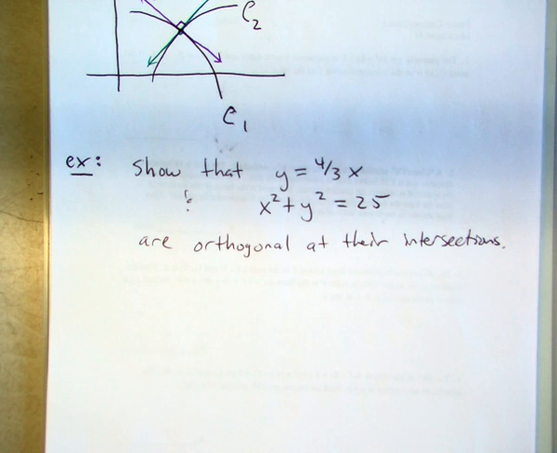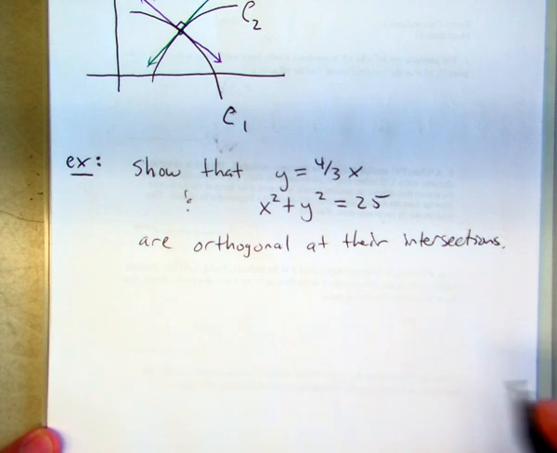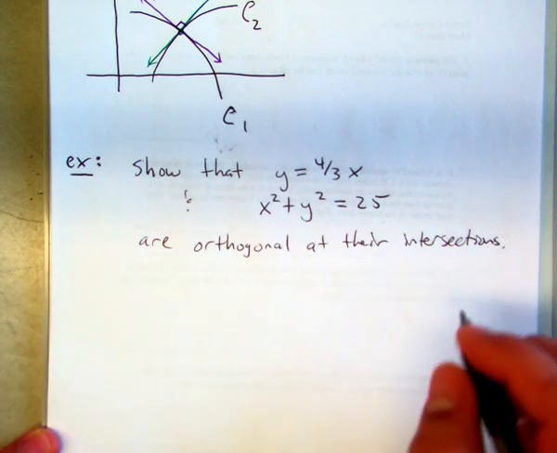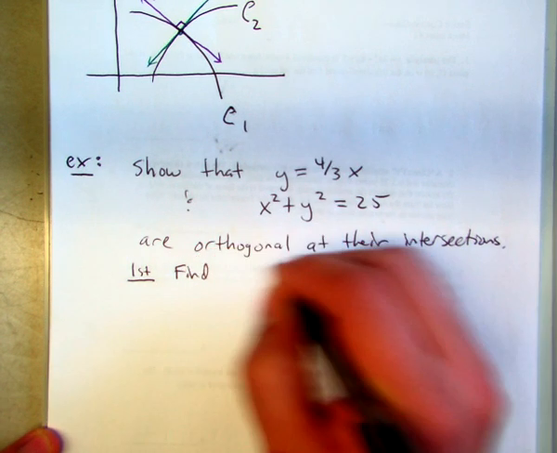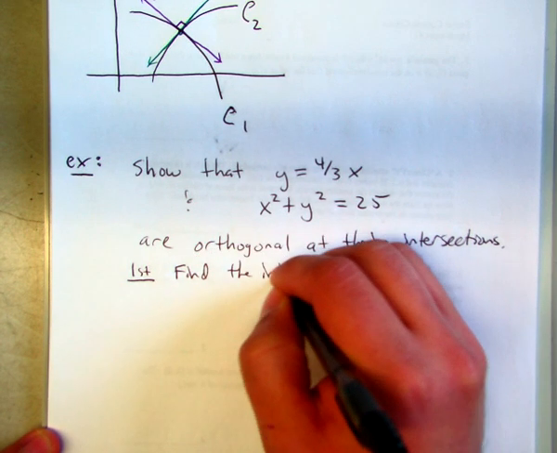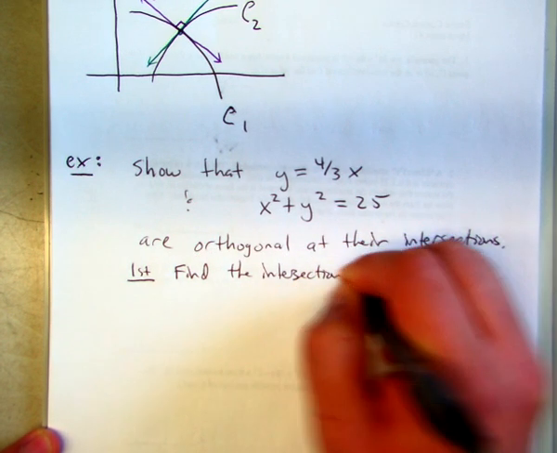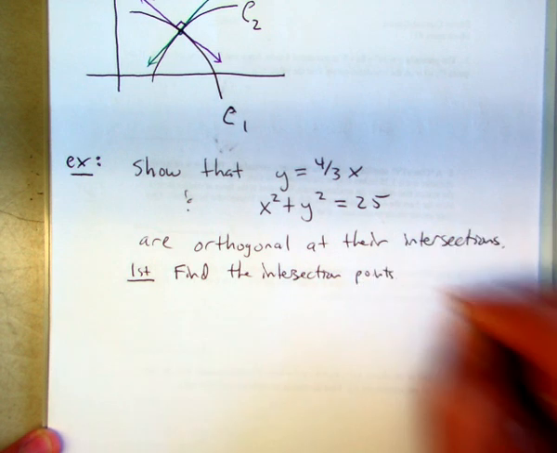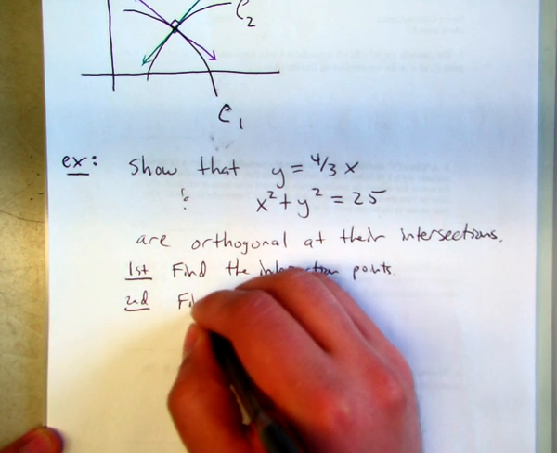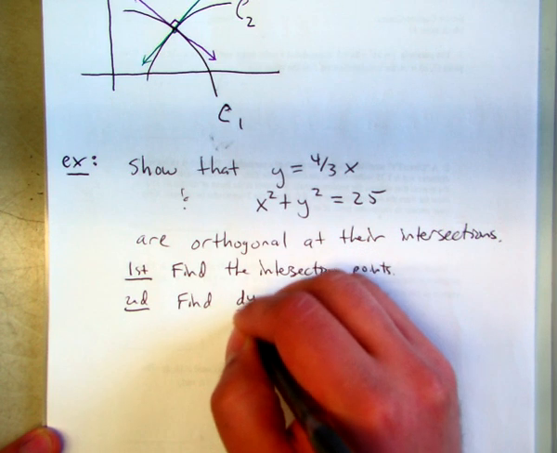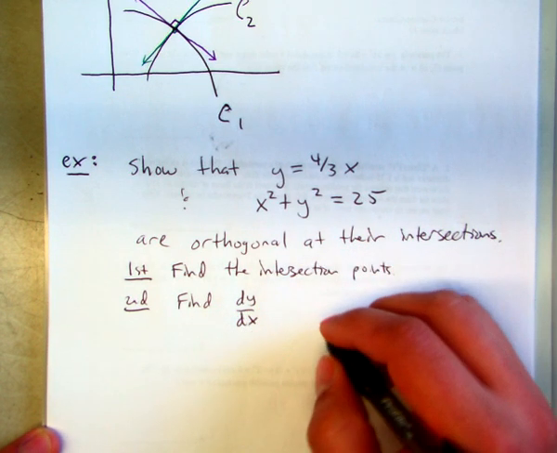Find dy/dx for both of them. And? Which you've already done for us. Okay, great. So first, find the intersection points. Second, find dy/dx for both.